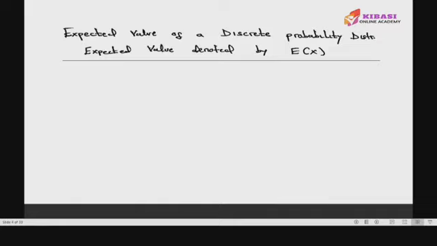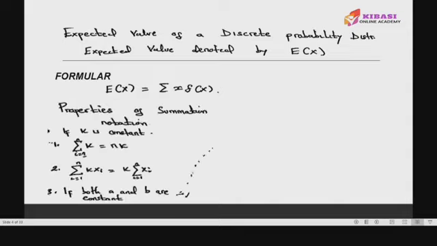Lakini hapa tunaangalia kutafuta namna ya kutafuta expected value of discrete probability distribution. Expected value denoted by E[x]. So formulas, expected value inakuwa ni summation ya x f of x.